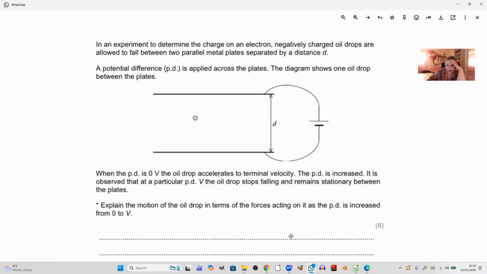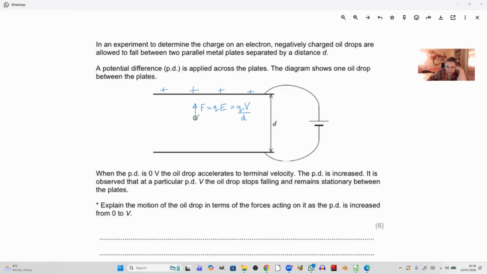So it's going to be attracted to the top, because this is the positively charged plate. So there's going to be a force upwards there, which is QE, which of course is Q, the potential difference, divided by d. What other forces are going to be on my oil drop?